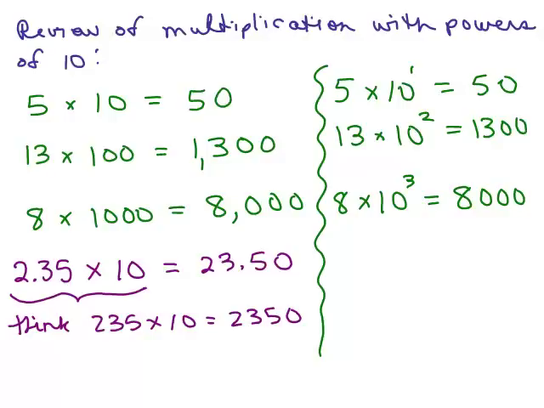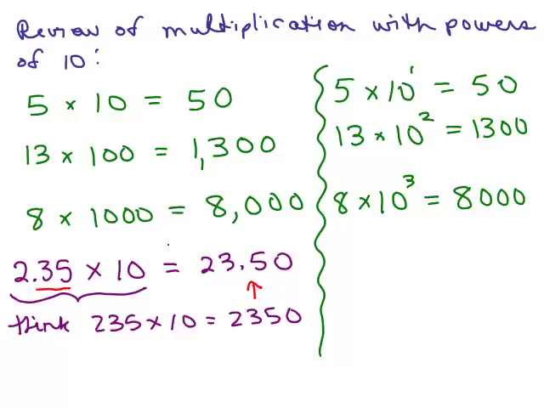And then you have to count how many numbers are after the decimal point, and your answer has that many numbers after the decimal point. So if I wrote this 2350 up here, okay, right? So first I'm just thinking this, then I have to put the decimal point so there's 2 places after the decimal point, and that's where we could also get 23.50, okay?